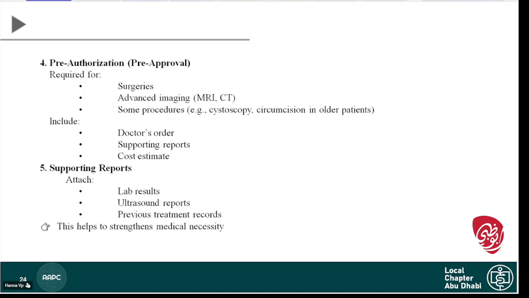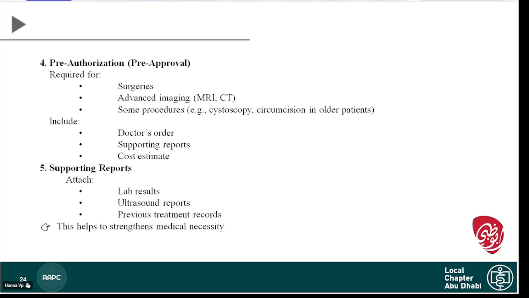Then the fourth one, pre-authorization or pre-approval. So guys, if you want to submit a claim, you have to get approval from the insurance. Definitely, this is one of the main things you should do. Pre-authorization or pre-approval. Usually many people know what this process is. Before giving the treatment, we should take pre-authorization from the insurance side.